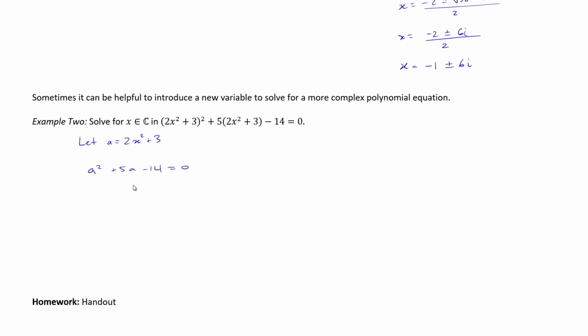That's pretty easy to factor. That's a plus 7 times a minus 2 is equal to 0. Well, what does that tell me? That tells me, again, by the zero product rule, a plus 7 has to be equal to 0, or a minus 2 has to be equal to 0.